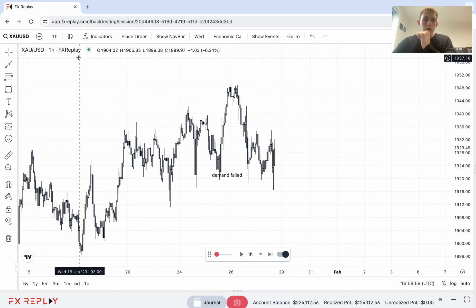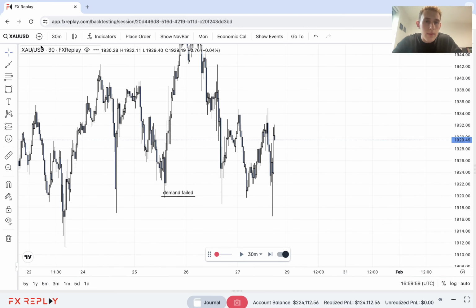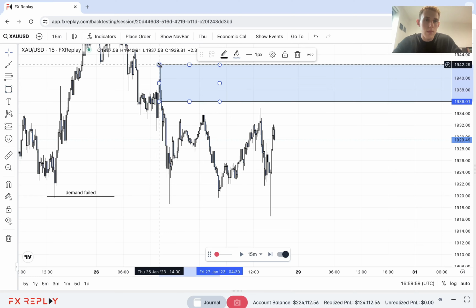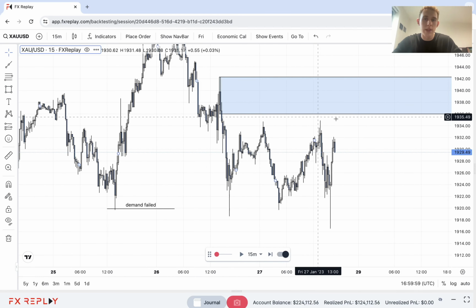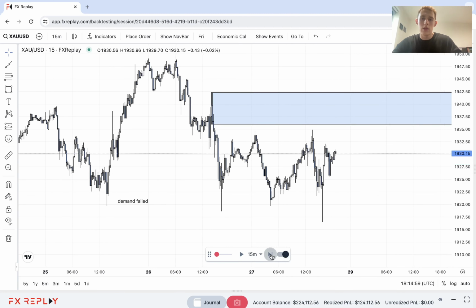So we could see some sell positions here. And where could we see them from? Potentially this area of supply, above this liquidity. So I'm going to monitor that.